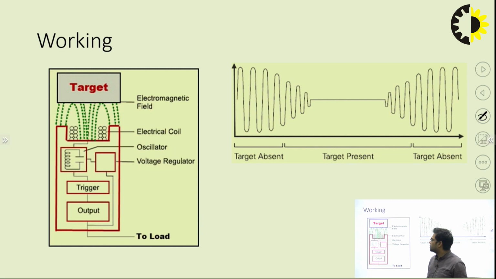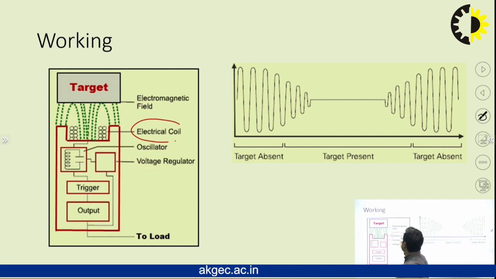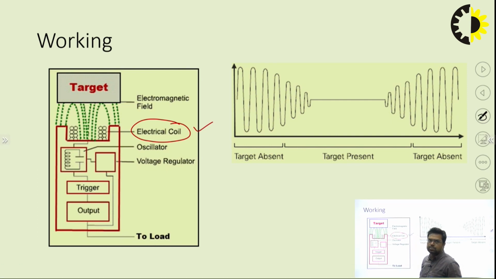And now the working. First of all, I will discuss the major components in the inductive sensor, that is the electrical coil. This electrical coil is responsible for the generation of the electromagnetic field. They use an oscillator circuit, or voltage regulator, for high frequency wave generation, which we can generate with the help of the oscillator signal.